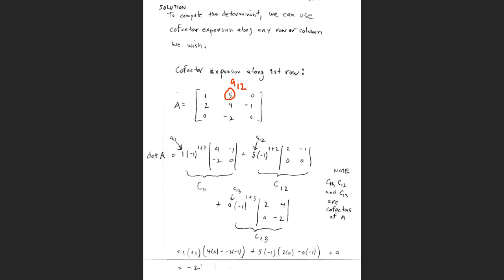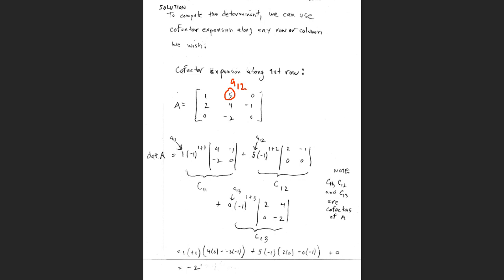Yes, you could. It would make the best sense, or the third column. But since you're just learning here, I'm just going along the first row. The book, when it talks about cofactor expansion initially, expands along the first row, just because it's convenient.